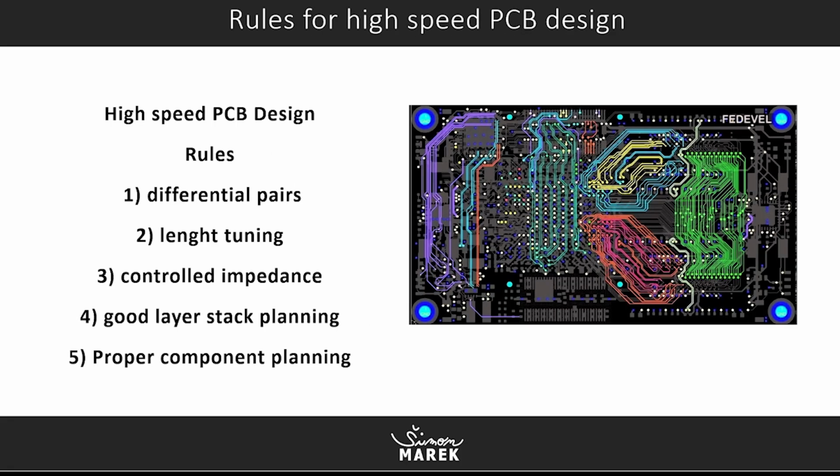So here are rules for high-speed PCB design. High-speed PCB design requires differential pairs, which are for specific connections. You can see the traces are very near to each other, and it is very beneficial for clearing and getting rid of unwanted behavior.